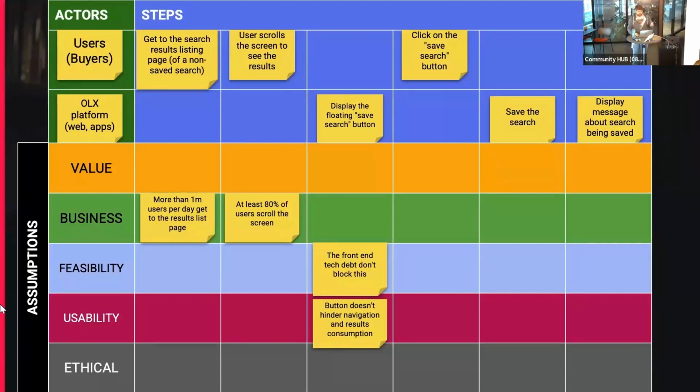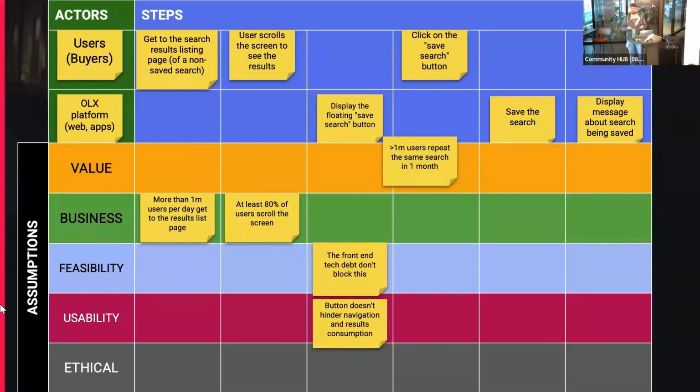And then the user clicks the save search button. What assumptions did we have? For value, more than 1 million users repeat the same search in a month. Why value? If users were not repeating the same search, it was a clear indication, not a proof, that they didn't want to be notified of new items, because they're not searching the same thing.